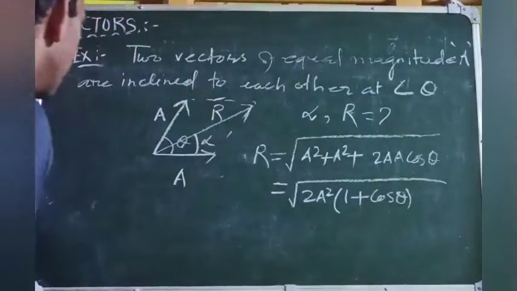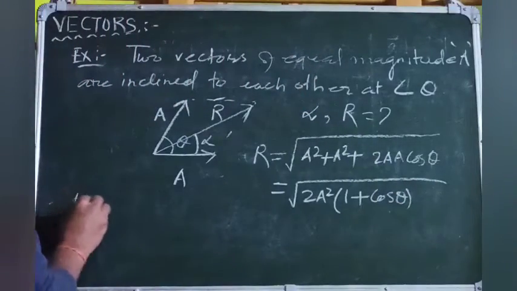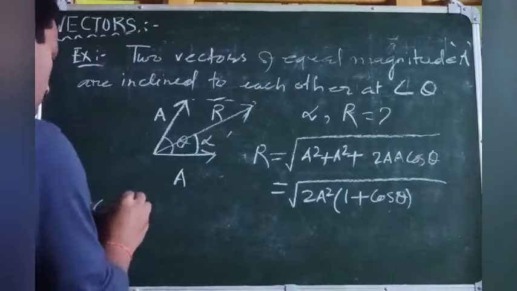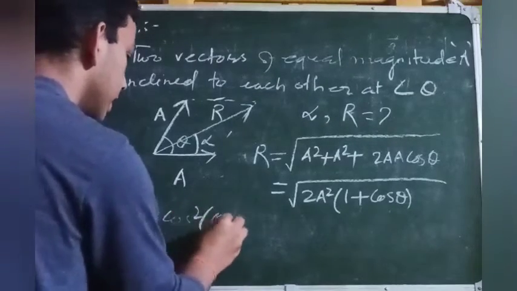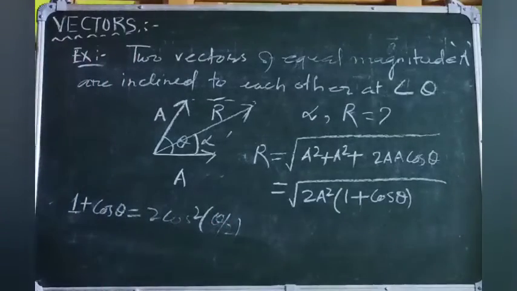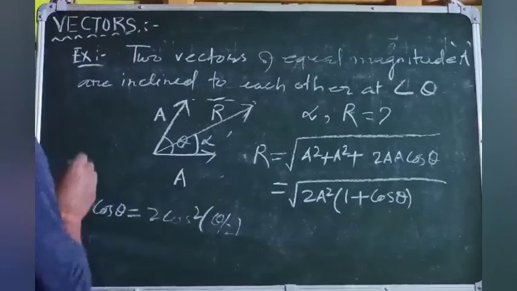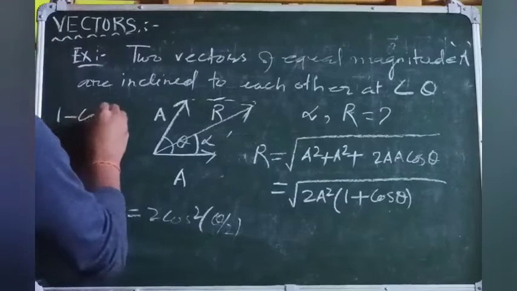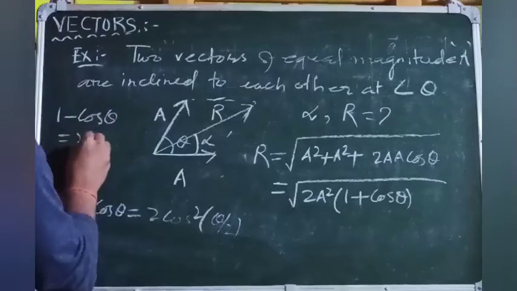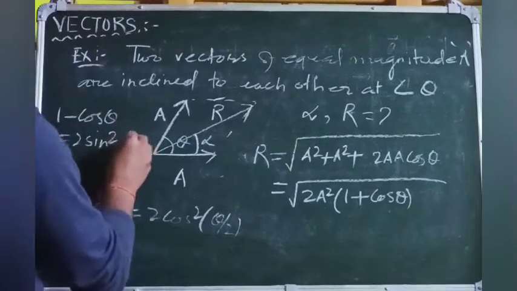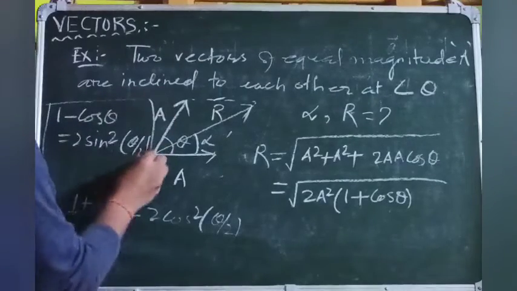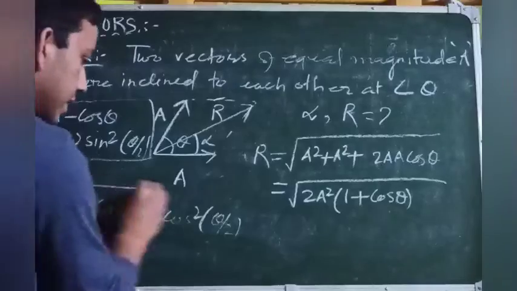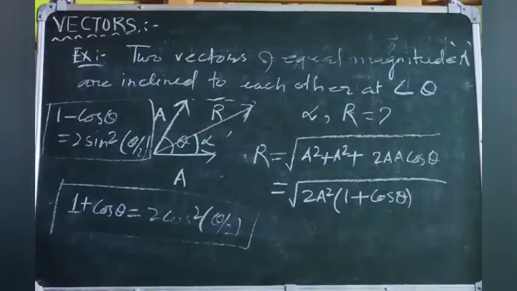Now we should note one important formula, which is 1 plus cos theta is equal to 2 cos squared theta by 2. And the next formula is 1 minus cos theta is 2 sine squared theta by 2. This is an important formula, and this formula is also important.